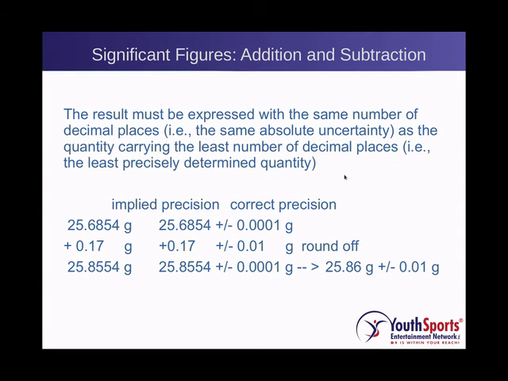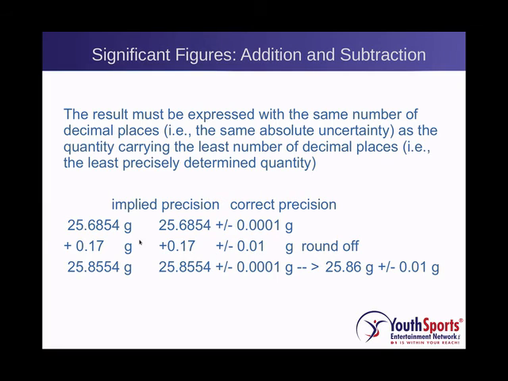Now, when you're adding and subtracting numbers with different numbers of significant figures, here's how it's done. We've got a number like 25.6854 with a precision of a ten-thousandth of a gram, which is 0.0001 grams. So this is a very precise measurement. But you're adding it to 0.17 grams with a precision of only 0.01.